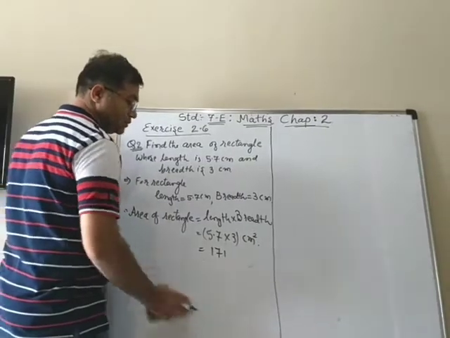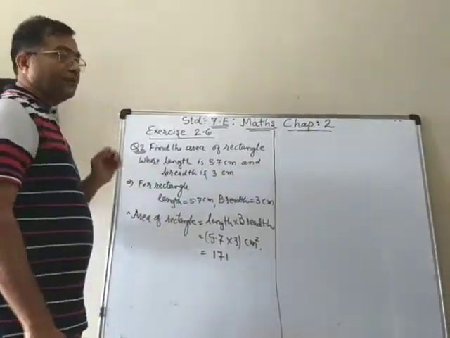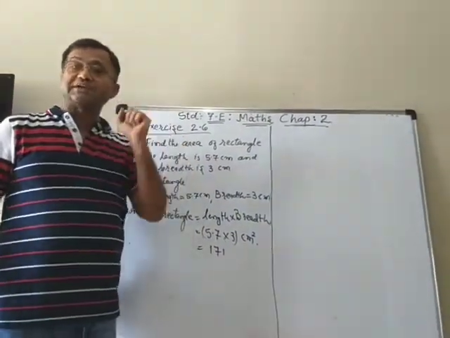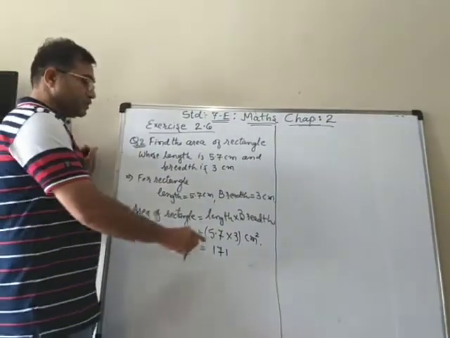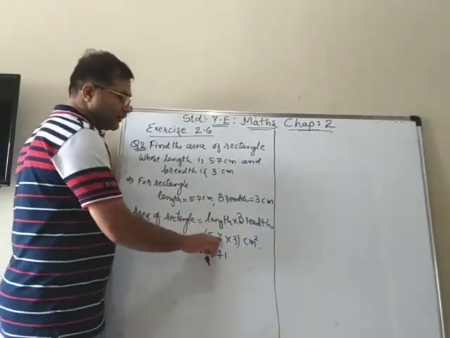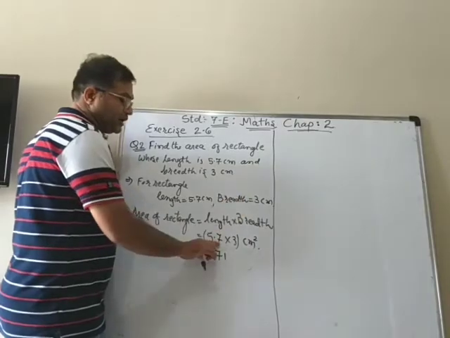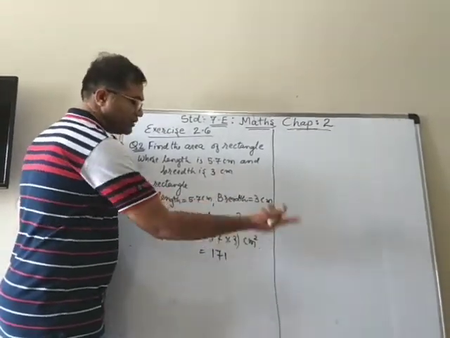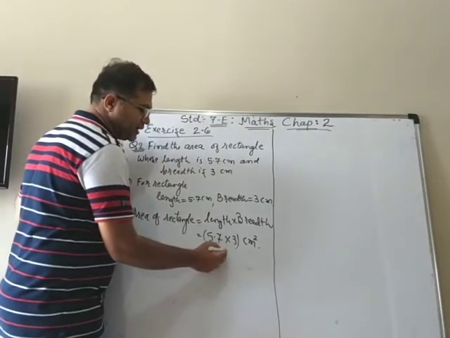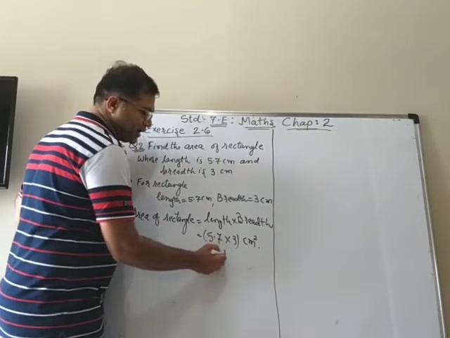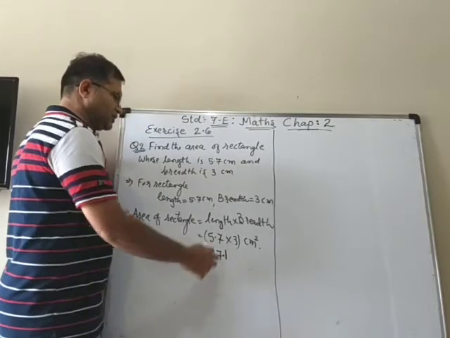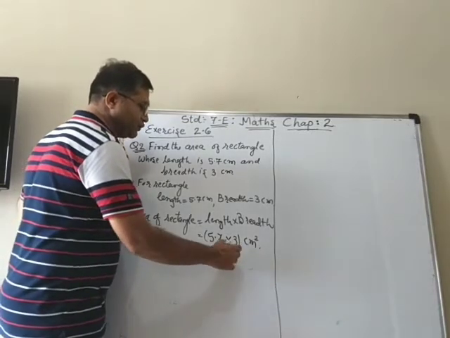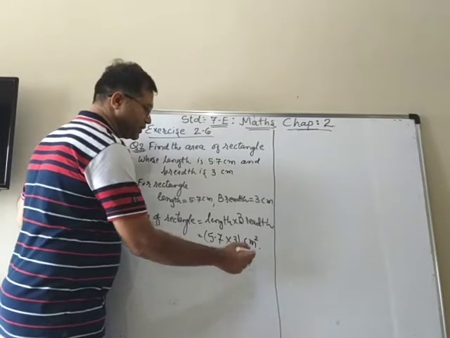To put a decimal point, we have to count the decimal places total. Here after point there is only one digit, so 1. Here there is no digit, so 1 plus 0 is 1. So from right side we have to count one number, and then here we have to put, so answer is 17.1 centimeter square.